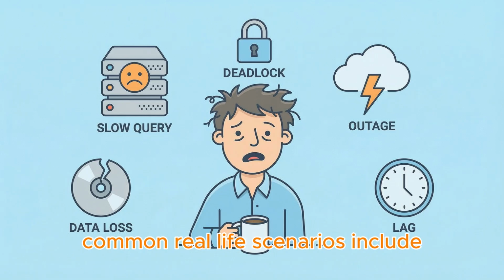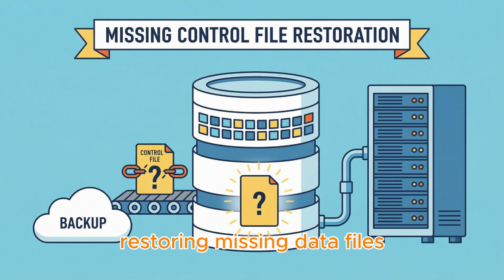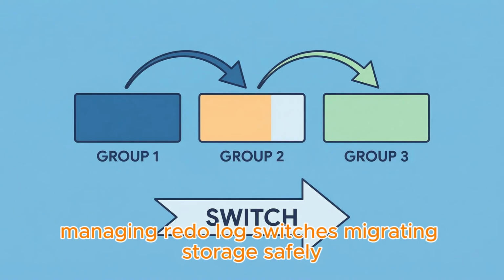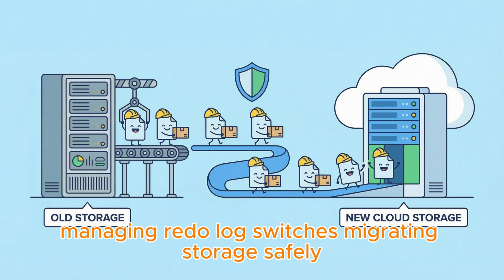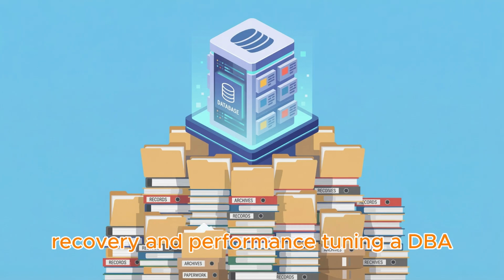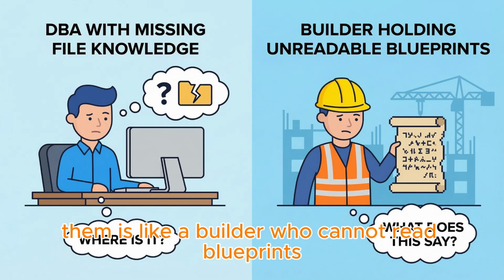Common real-life scenarios include recovering a lost control file, restoring missing data files, resolving ORA-01157 file not found errors, managing redo log switches, and migrating storage safely. In short, these physical files form the foundation of backup, recovery, and performance tuning. A DBA who does not understand them is like a builder who cannot read blueprints.